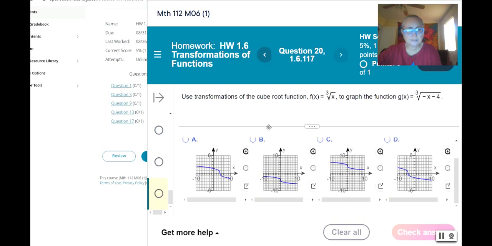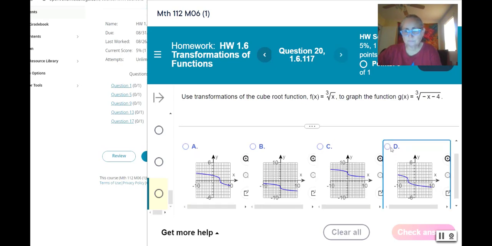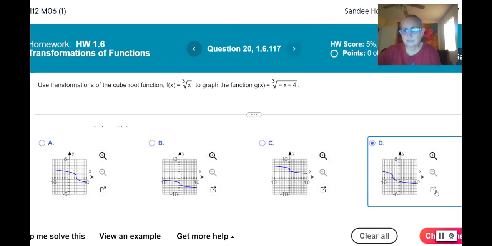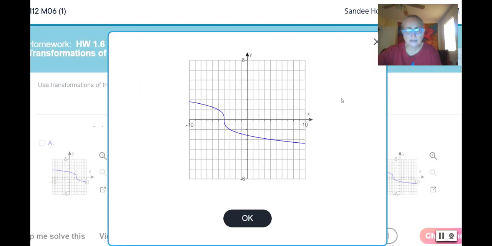So let's see. We went to the right 4, then we reflected. It's going to have to be graph D. Let me make that big so you can see it. See that? To the right 4 and then reflect it across.